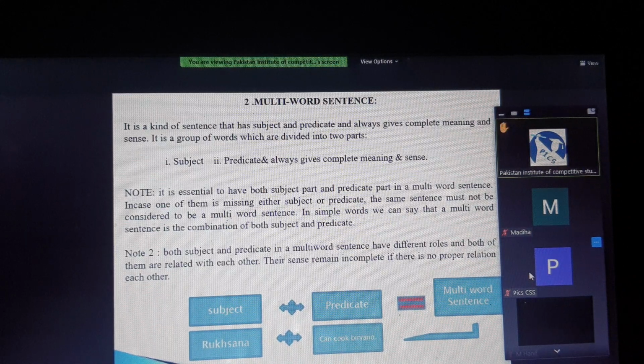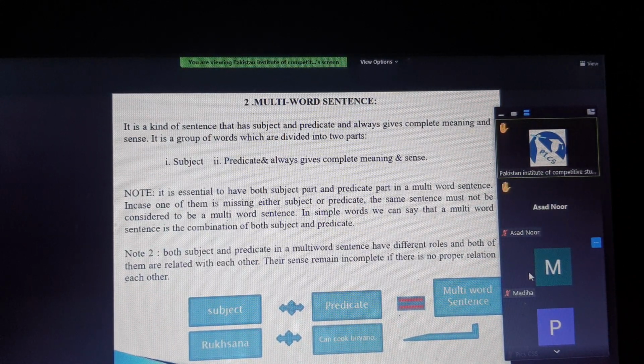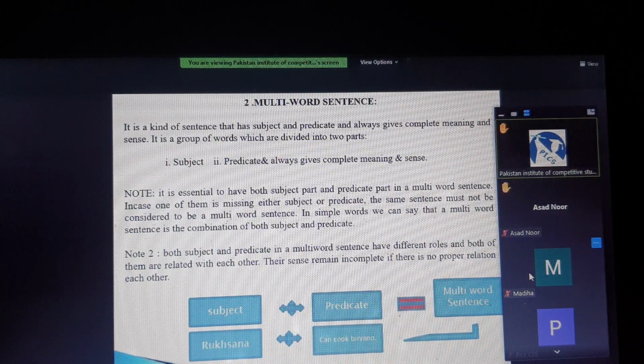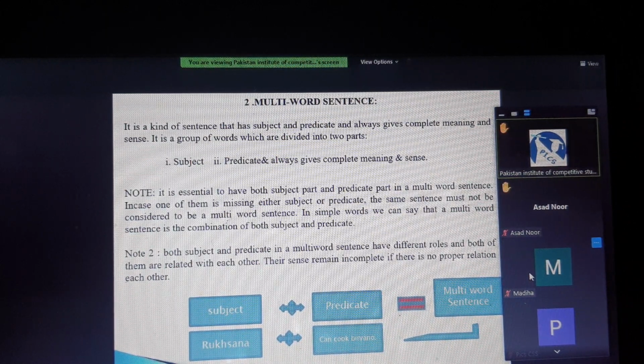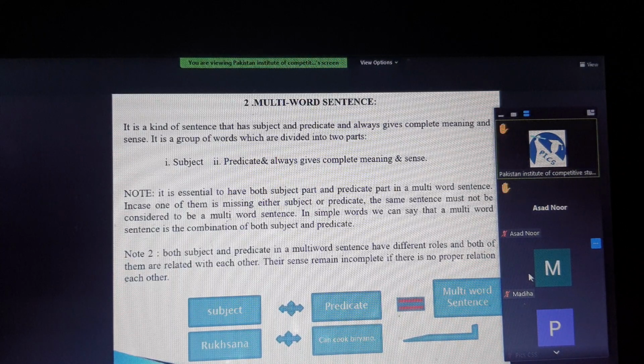For example, Roxana can cook biryani. So here subject is Roxana and predicate is can cook biryani. So if I simply say Roxana, it does not give a sense.